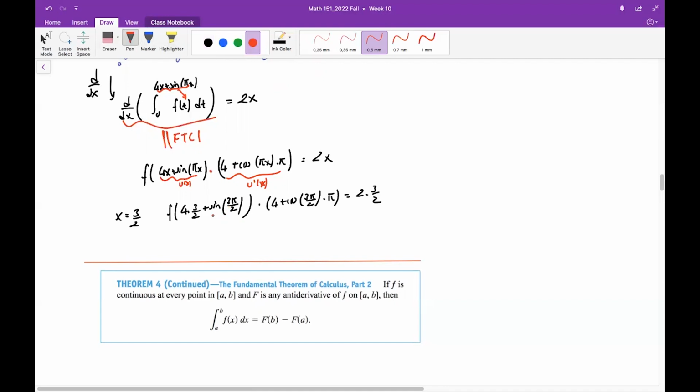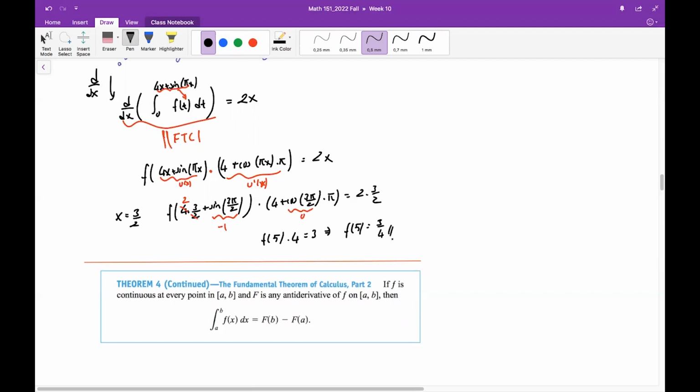Okay, what is sine 3 pi over 2? This part makes 6, this is minus 1, and cosine 3 pi over 2 is obviously 0. That's why you obtain f of 5 times 4 is just 3, and this gives you the result as 3 over 4.